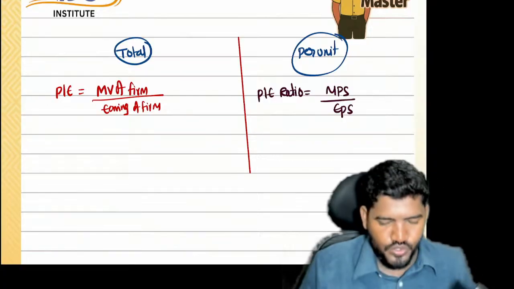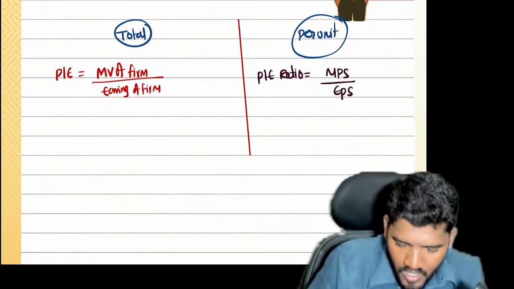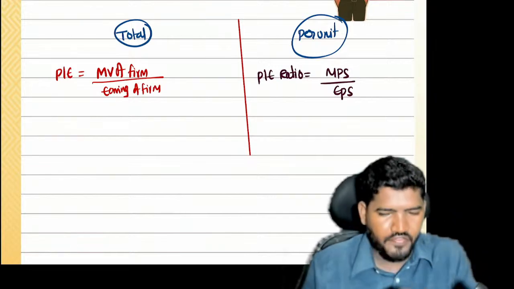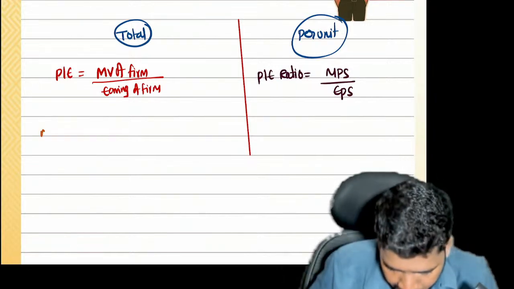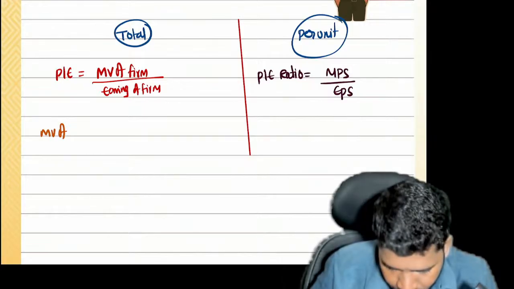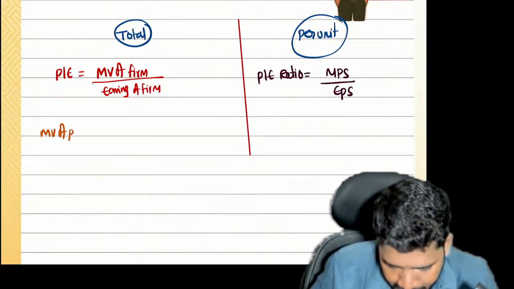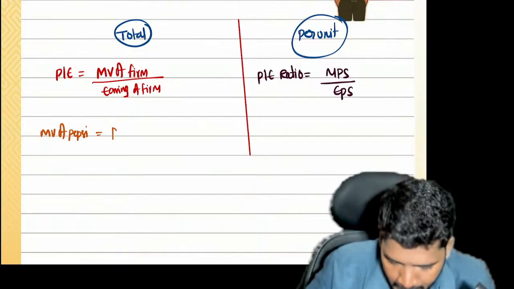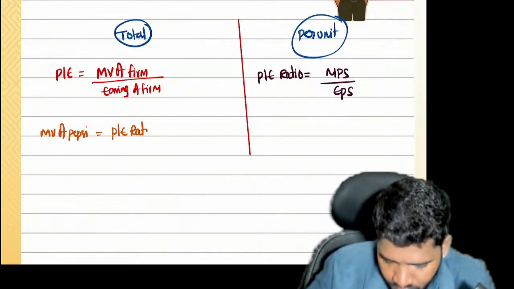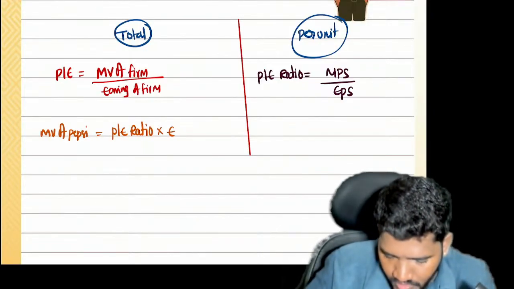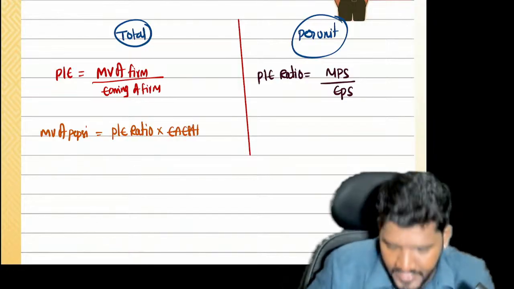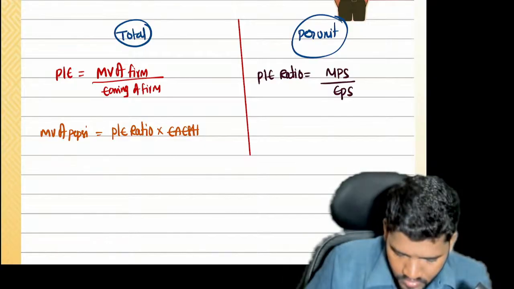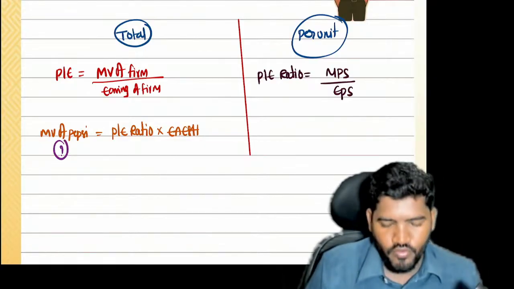Now here is the issue. Pepsi company needs to find out the market value of the firm. If you shuffle the formula, you will get the answer. Market value of Pepsi equals PE ratio into earnings available to equity shareholders. Now the PE ratio is the question mark, which we have to figure out.